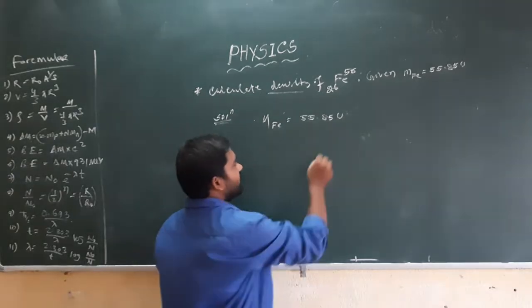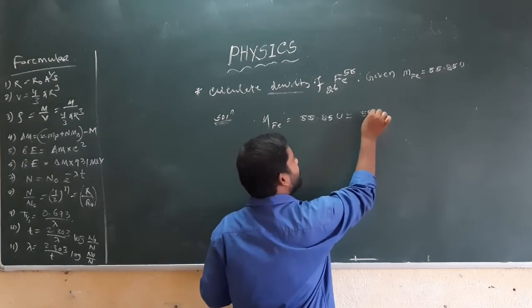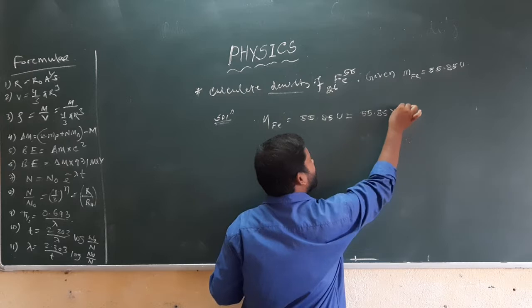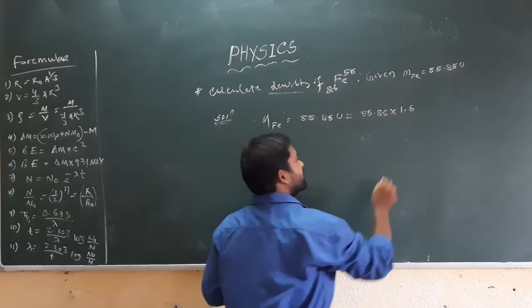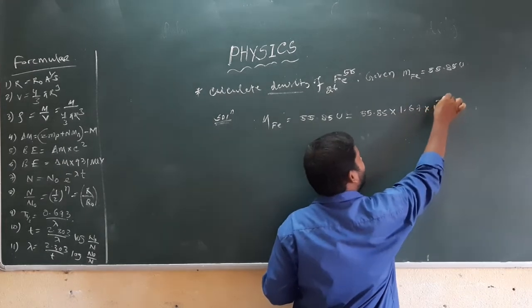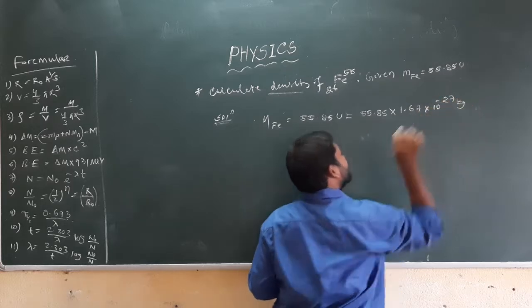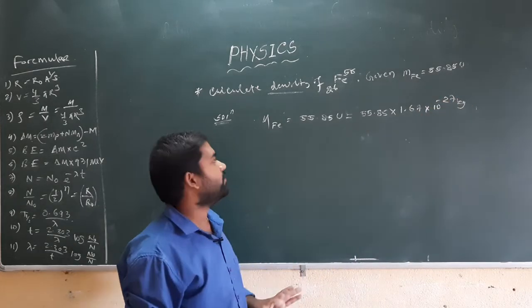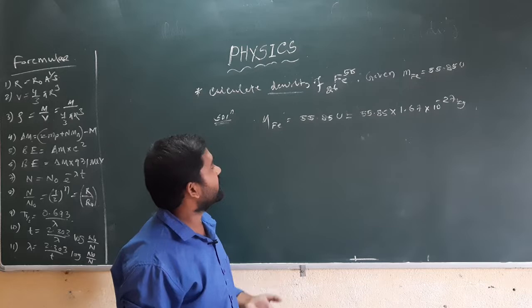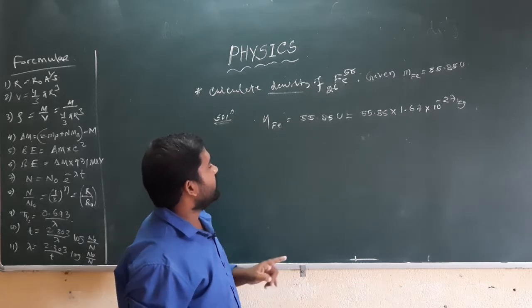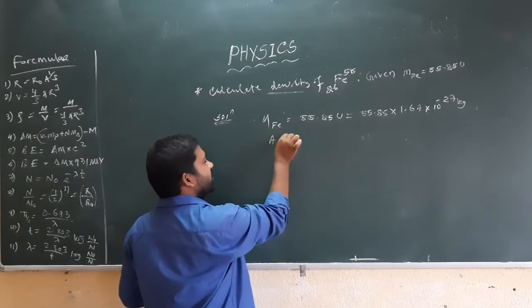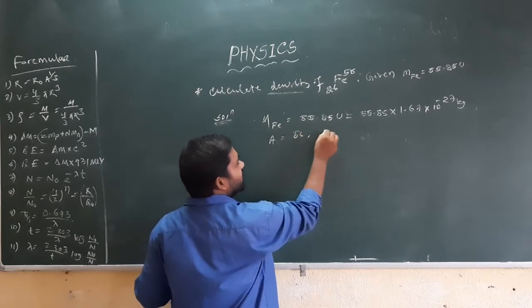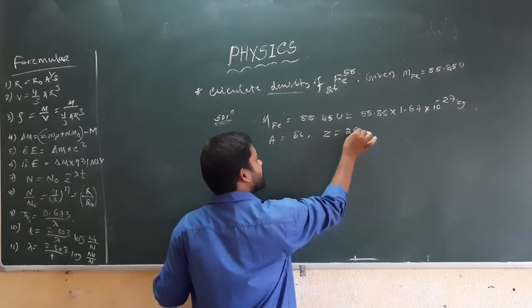So convert this into kg: 55.85 times 1 u, where 1 u equals 1.67 into 10 to the power minus 27 kg. This will be the mass of the iron nucleus. The value of A is 56, and the value of Z is 26.